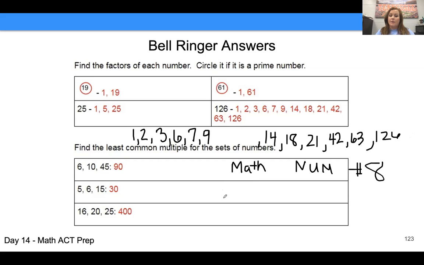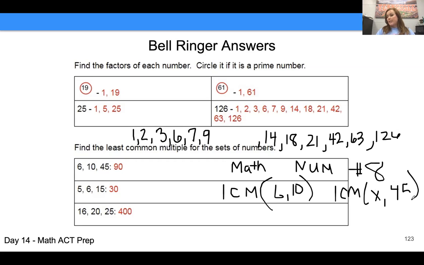That will give you LCM, and you can only do it for 2 numbers. So on the first one, you could do 6, 10, and then find out whatever that answer is, and then do it again, LCM of whatever that answer was, and 45. And that will give you 90.